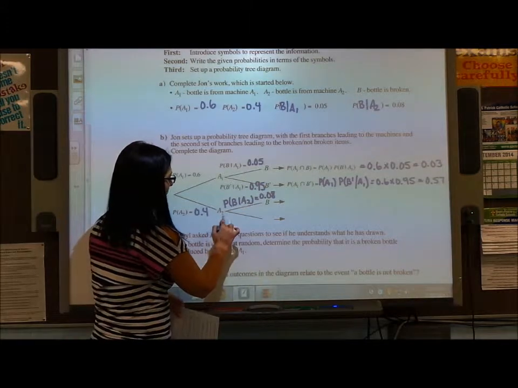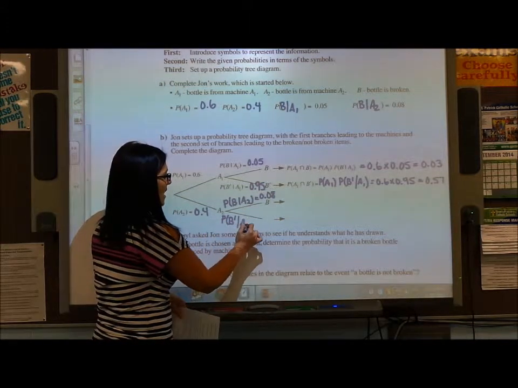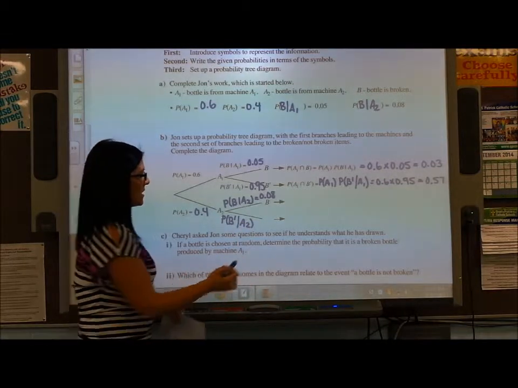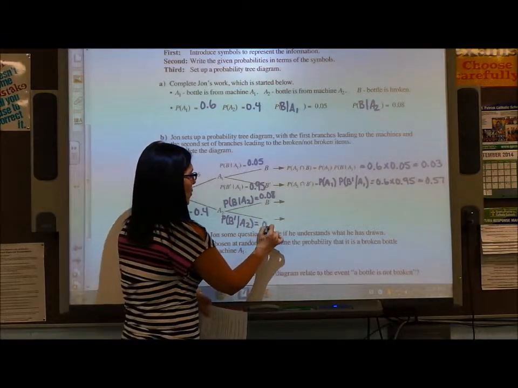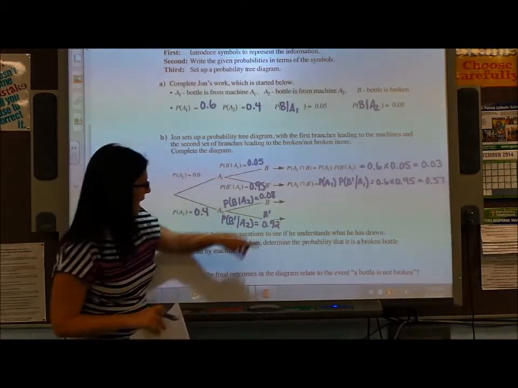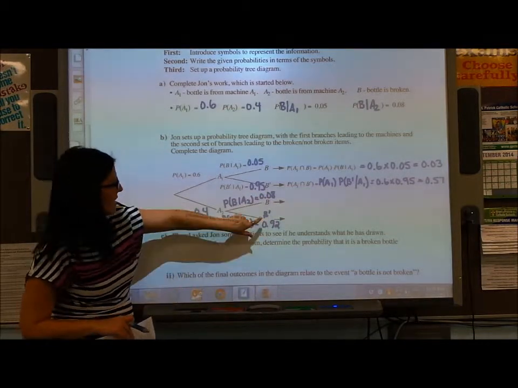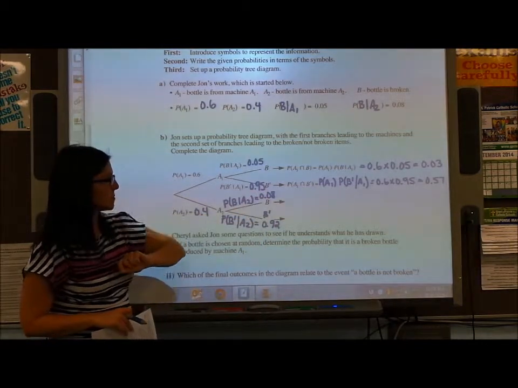And then the probability that it is not broken, given that it came from A2, is 0.92. And again, it's because these two probabilities had to add up to 100. And this is my not broken symbol.